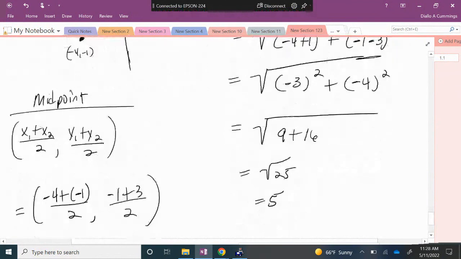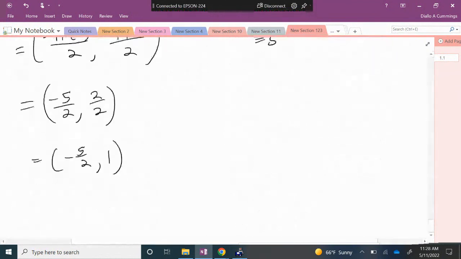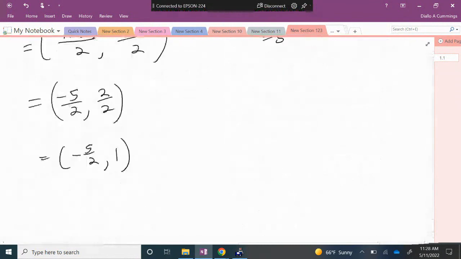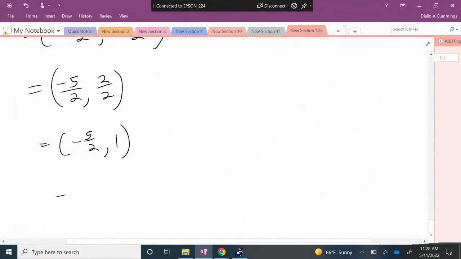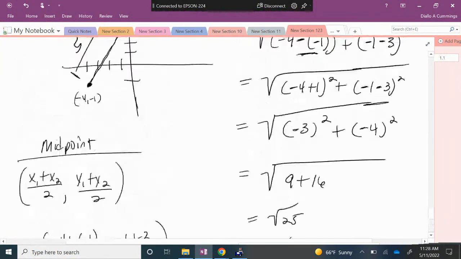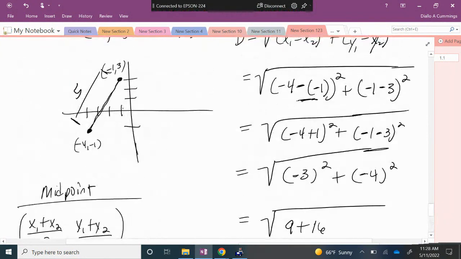If I were to decimalize this, -5/2 is -2.5, comma 1. If I go back here, this is -1, this is -2, that's like -2.5.